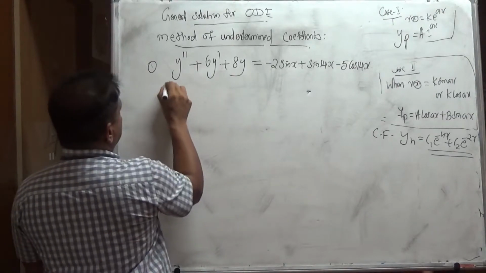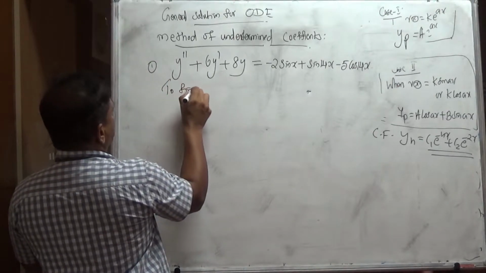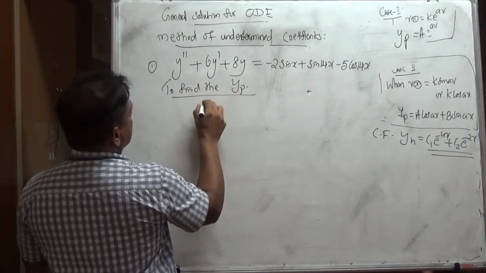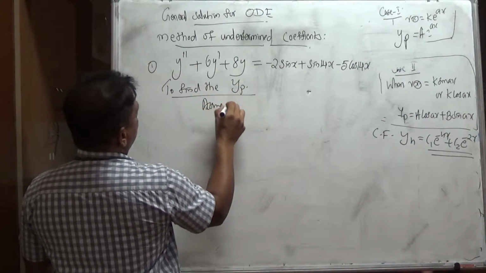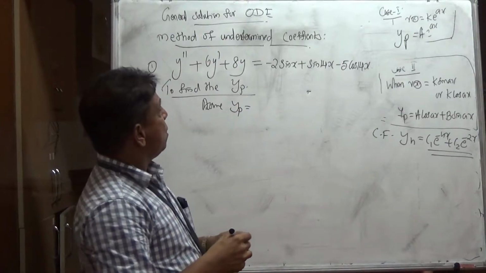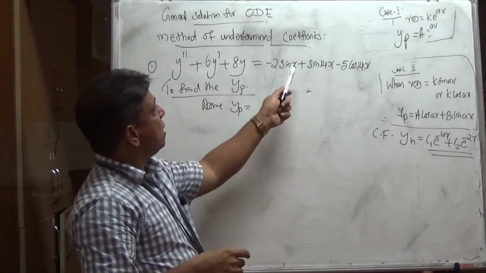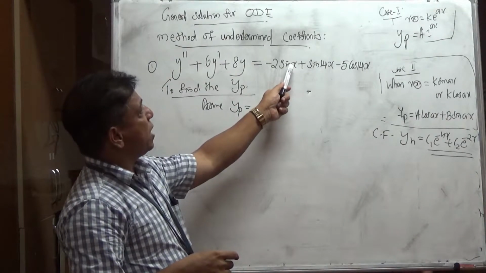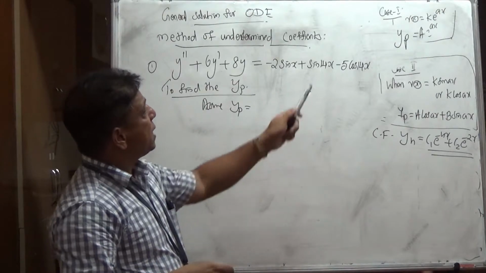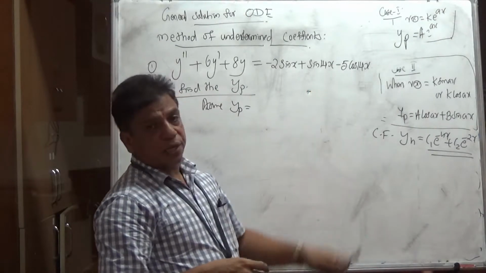To find the particular integral, to find the yp, assume yp. Here the coefficient of x in sin x is 1, so the argument is 1, but here the other argument is 14.